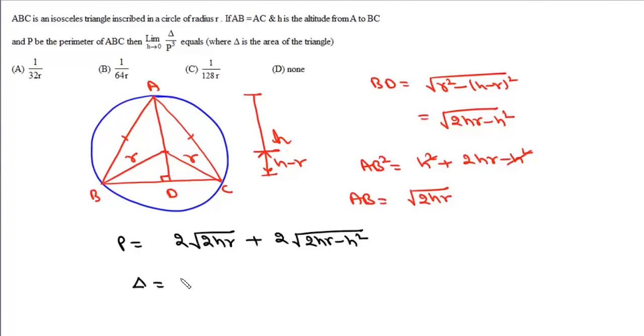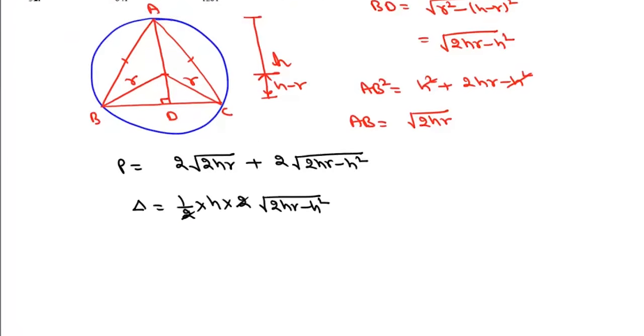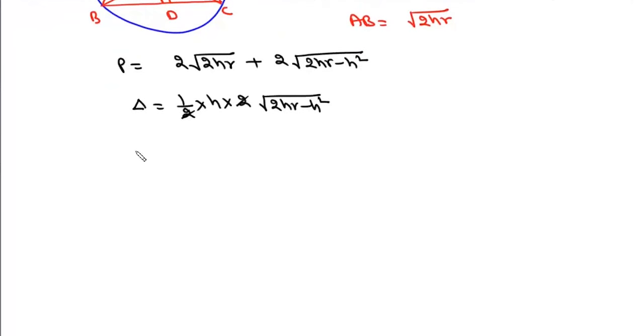Now the area of this triangle will be simply 1 by 2 h into 2 times BD. So it will be 2 times under root of 2hr minus h square. Now this 2 and 2 will cancel. Now we need to find this limit as h tends to 0, delta upon P cubed. So it will be this limit as h tends to 0.